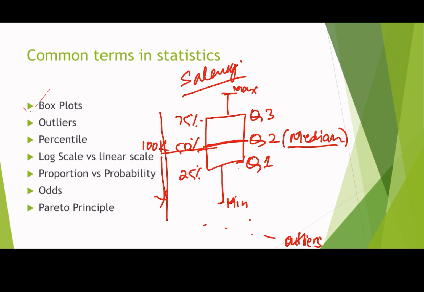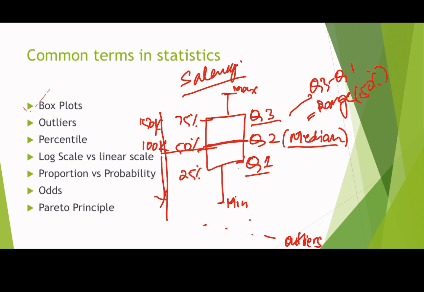And say suppose 75th percentile is 150K, then that would mean 75% of the people are earning less than 150K. This is how we read it. And this difference between Q3 and Q1, Q3 minus Q1, is nothing but the range of the 50% of the data points in the middle.